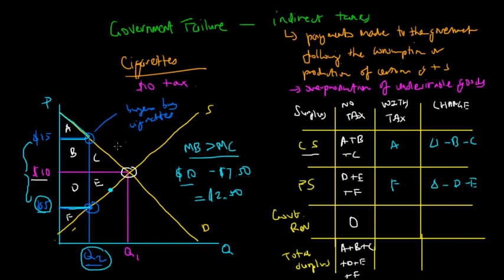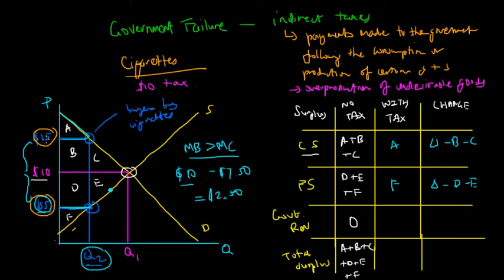The government revenue is the taxation they receive from every purchase of cigarettes. The buyers buy for $15 and the sellers only earn $5 in revenue, so the $10 in tax is given to the government.